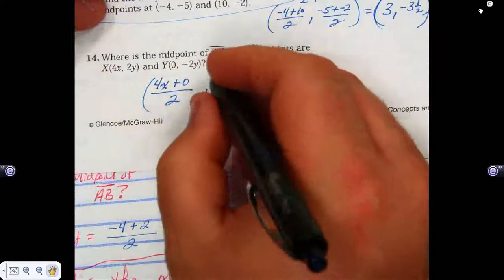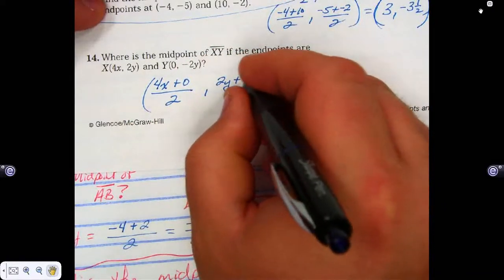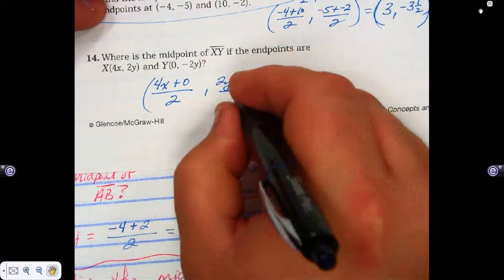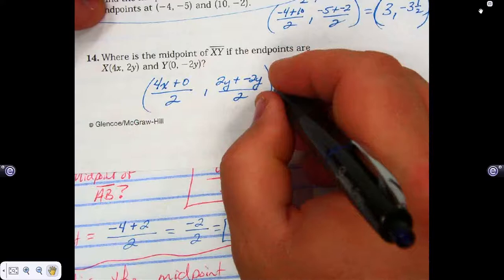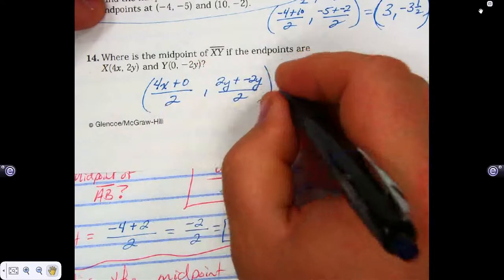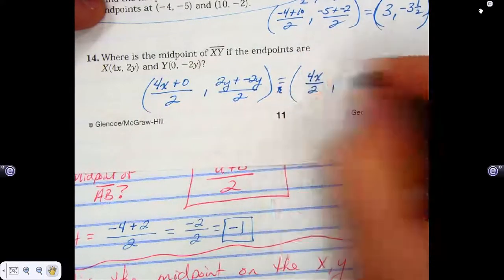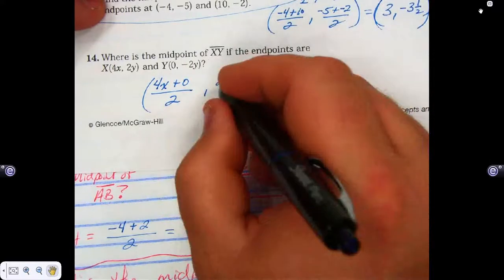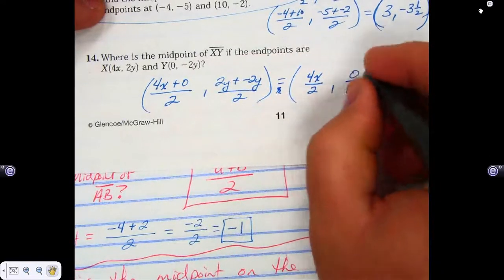Now, we can combine like terms here. 4x plus 0 is 4x, divided by 2. What is 2y plus a negative 2y? 0, over 2.